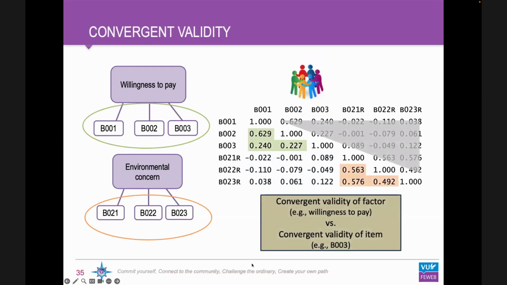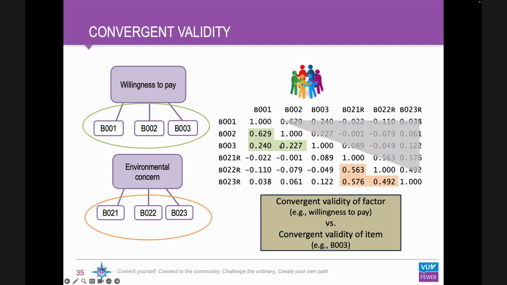Sorry. One other thing is that we can talk about the convergent validity of the factor. When we talk about the factor, we look at all of the correlations, but we can also look at the convergent validity of an item in a construct. In this case, for instance, we look at item 3.